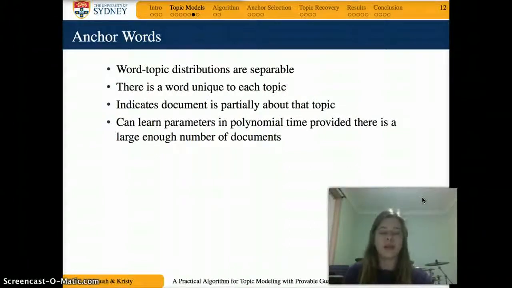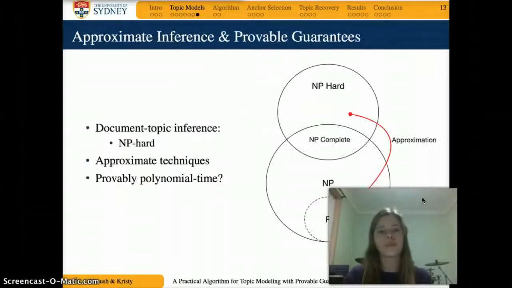and what this paper does is it proves that it can learn in polynomial time the parameters of the statistical model that generated the topics, so that we can work out which documents are about which topics.